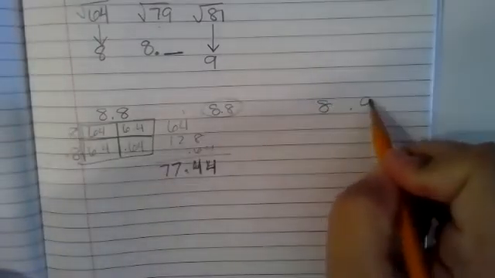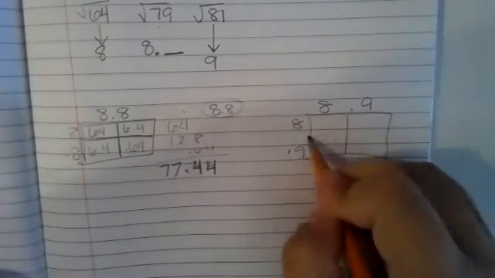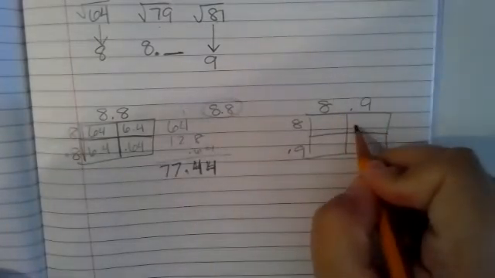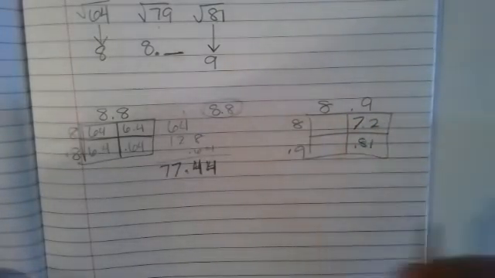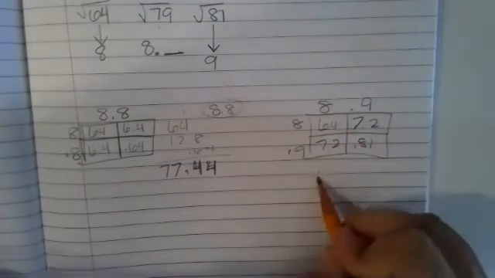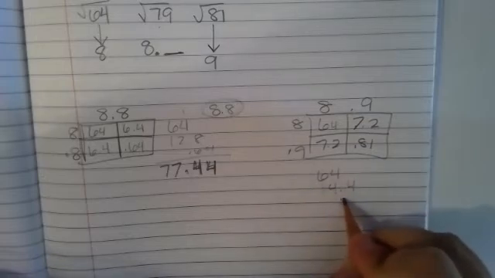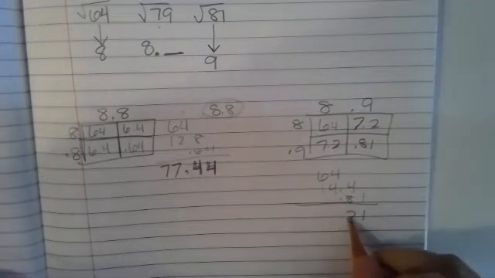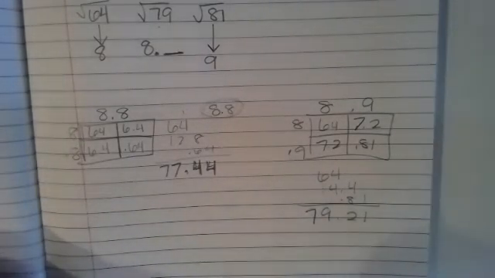So my next decimal would be 8.9. And I got 79.21.